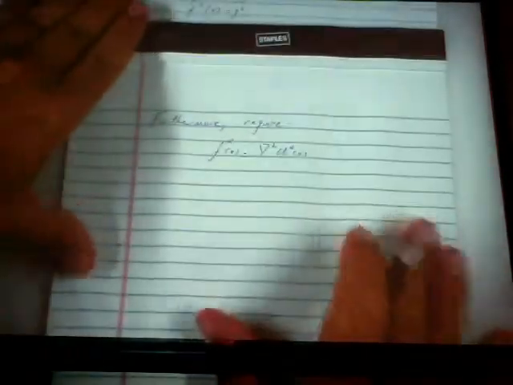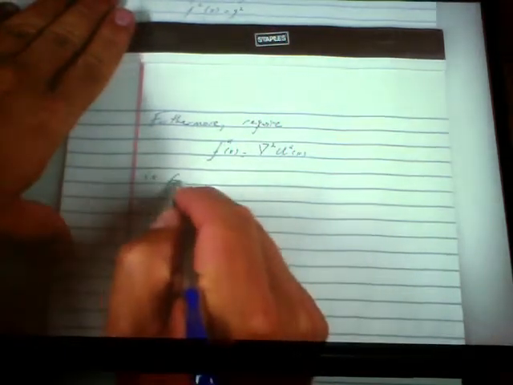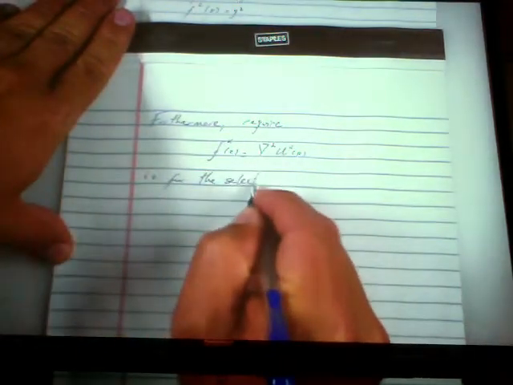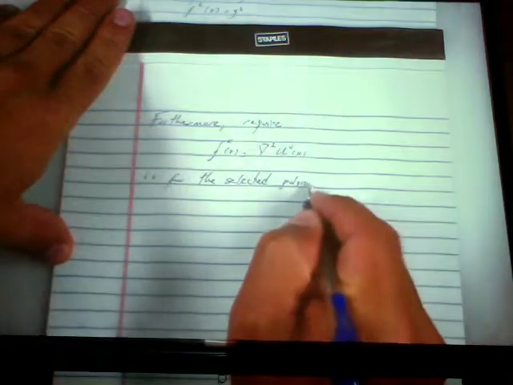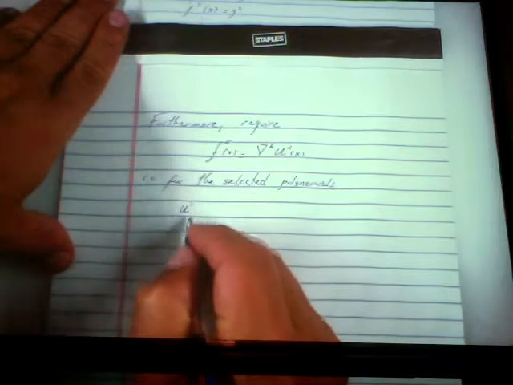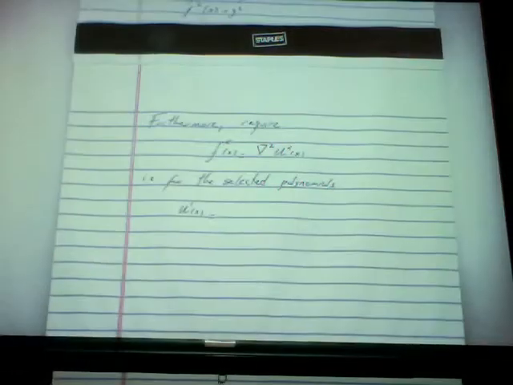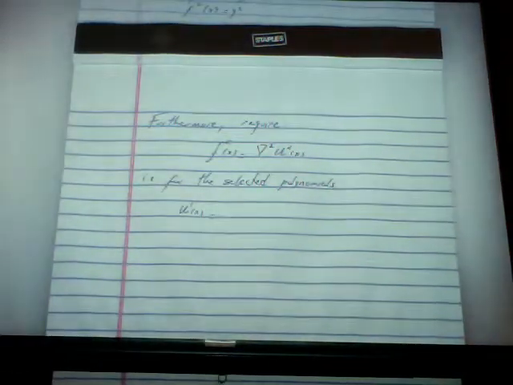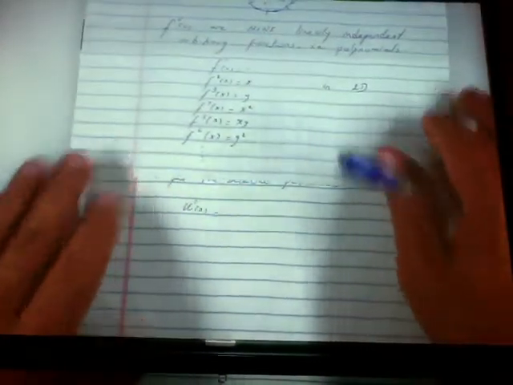Right? So, for the selected polynomials, for instance, who would be u1 of x? A function who, if we take the derivative with respect to x twice and the derivative with respect to y twice, we get equal 1.